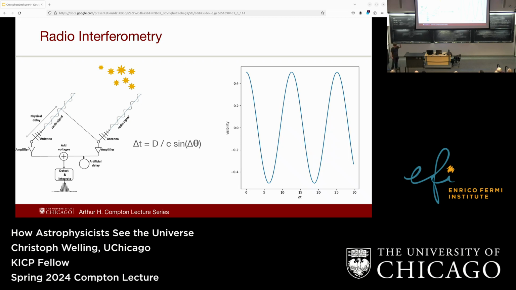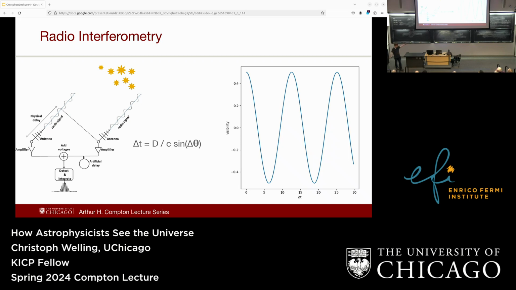So if I know there's only a single source, in principle I can add an artificial time delay and measure for which time delay I get the biggest signal when I multiply them. From that, I know the time delay between the two signals, and from that I can calculate where exactly the source is. You can also see that the further apart I put these antennas, the more precise this gets, because for a certain movement of the source, I get a much bigger time delay.